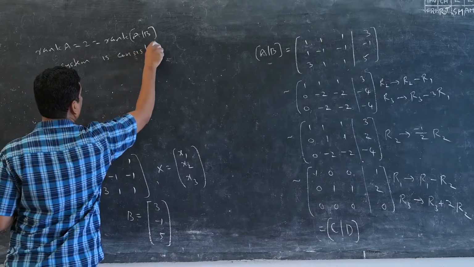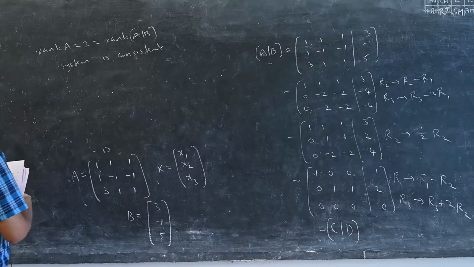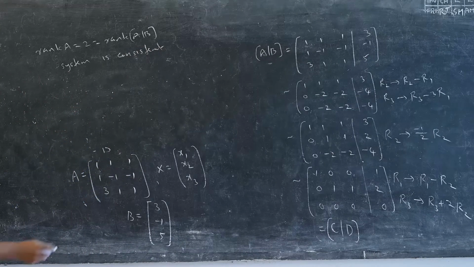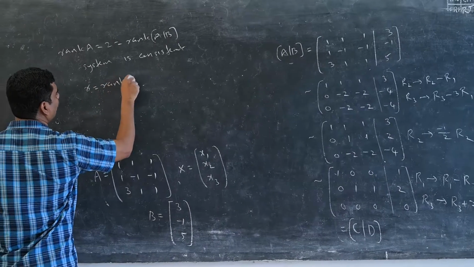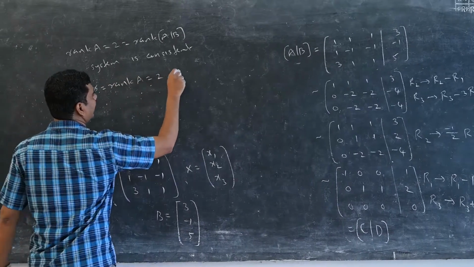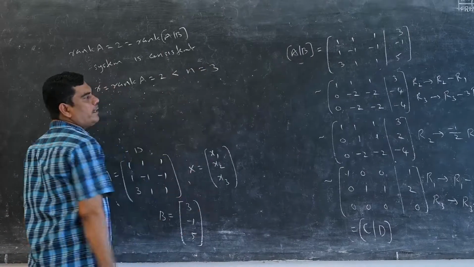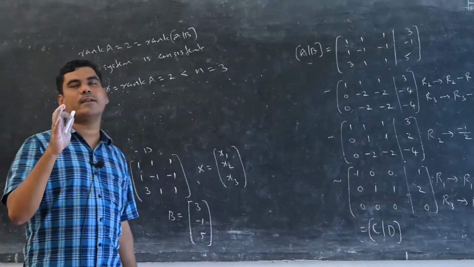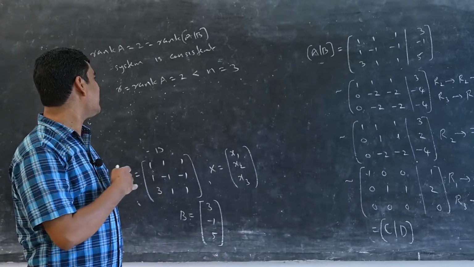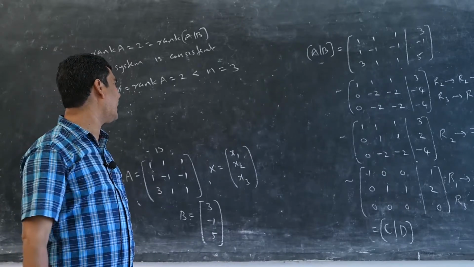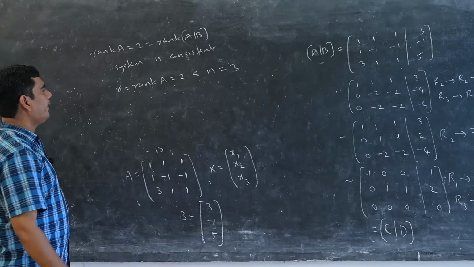Now here r is equal to rank A is equal to 2, which is less than n is equal to 3. Here we have unknowns x1, x2, x3, 3 unknowns. So rank is equal to 2, n is equal to 3, rank less than n.